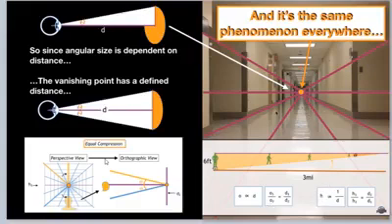Consequently, within perspective, now you're taking yourself away from being the observer and you're looking within what the observer sees. As an object moves away from you, it's going to get smaller, and that's inversely proportional to the distance. In other words, if something gets twice as far away, it's going to get twice as small. So height is inversely proportional to distance.